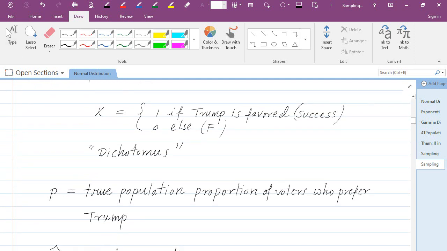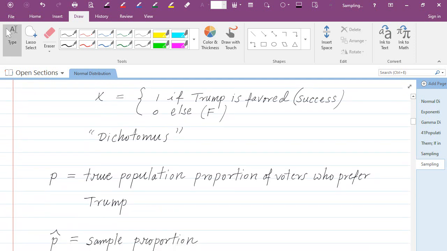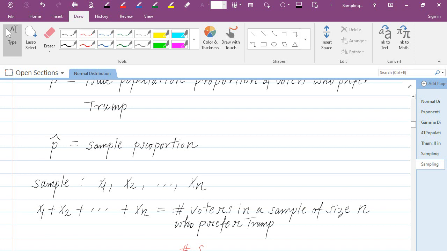Now, we're going to let P denote the true population proportion of voters who prefer Trump. So there is an actual proportion of voters who prefer Trump among all the voters. So that's P. Now, P hat is the proportion of voters in a sample who prefer Trump.